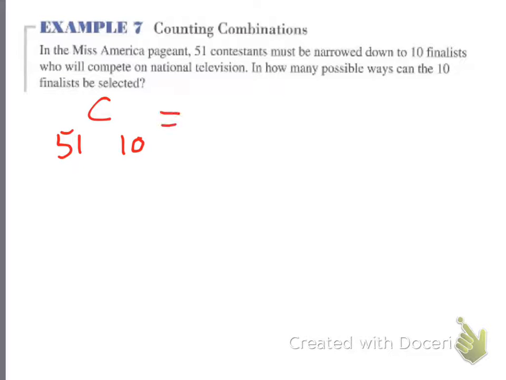Now, when you put that in your calculator, this is what you're going to see: 1.2777. Now, here's what that means.